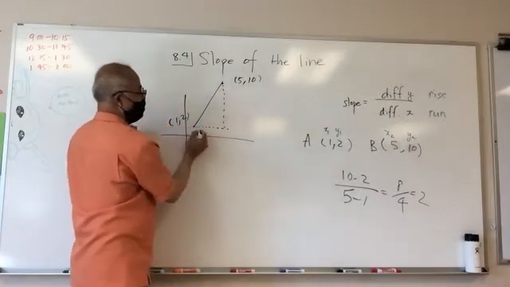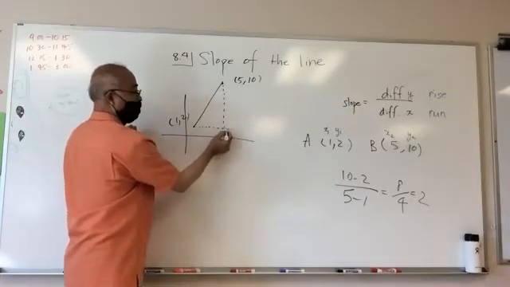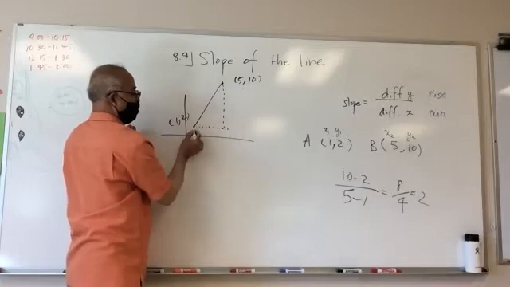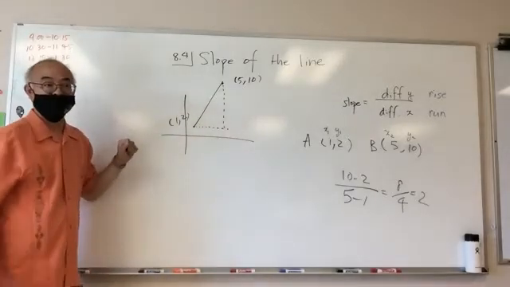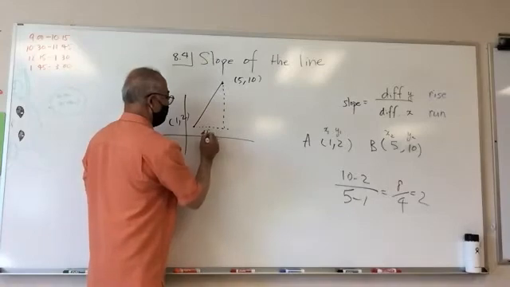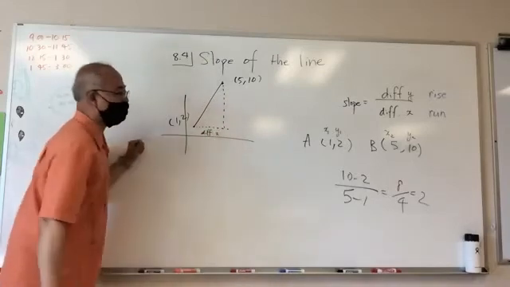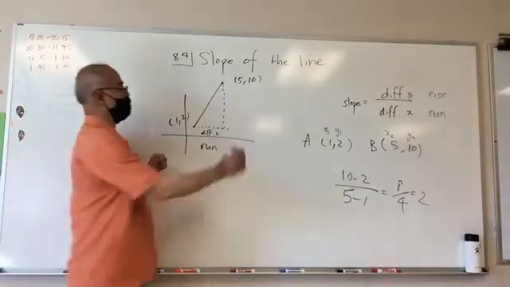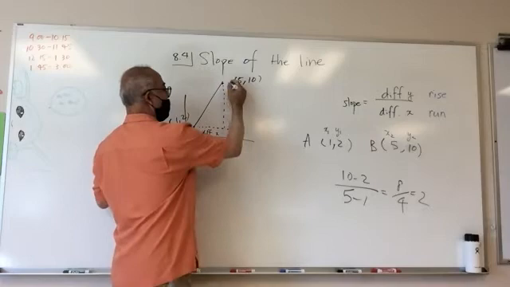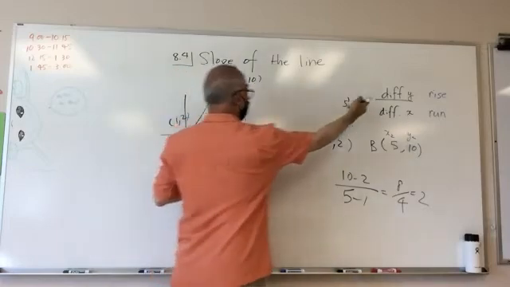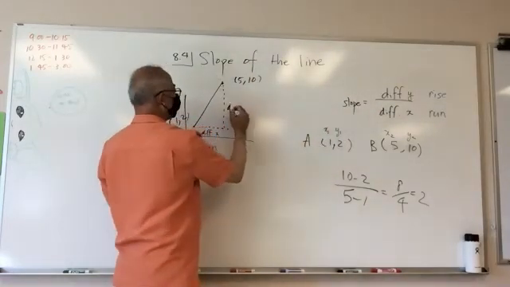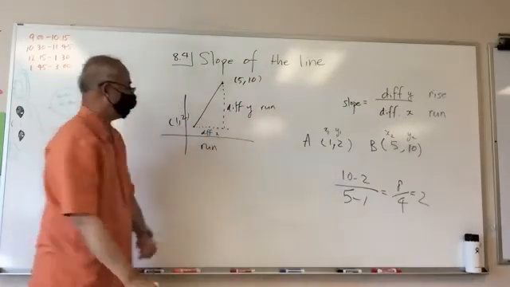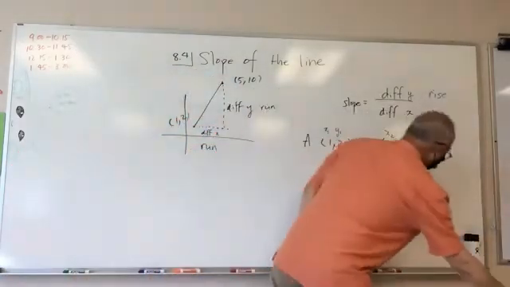If I want to find this length, wouldn't this be the 5 minus the 1? So this is the difference in x's, which is the run. Whereas the rise is the difference in y's, the difference in y.